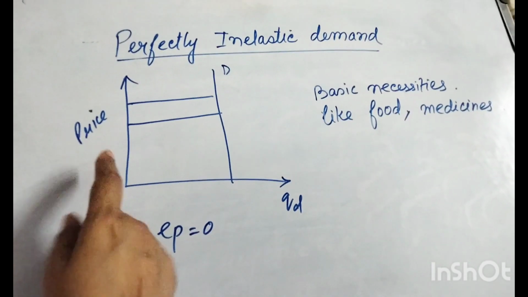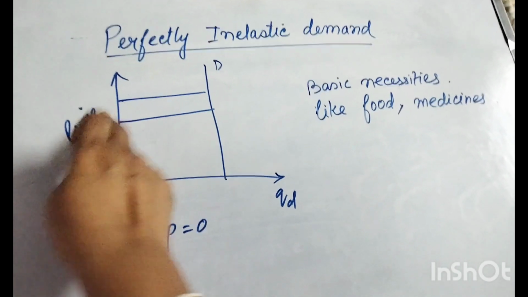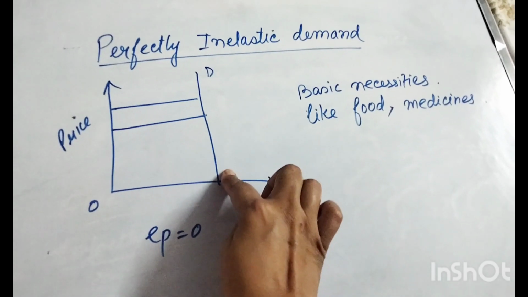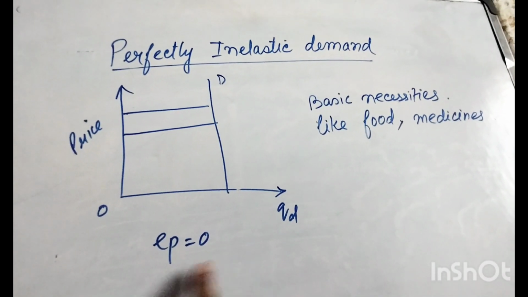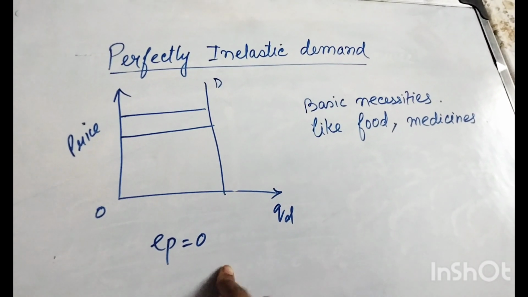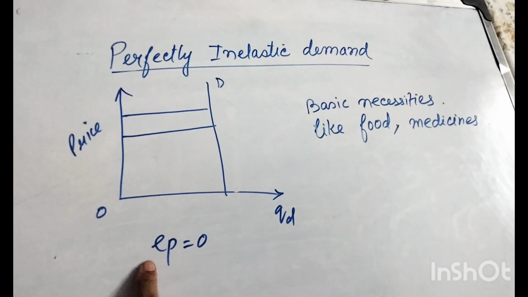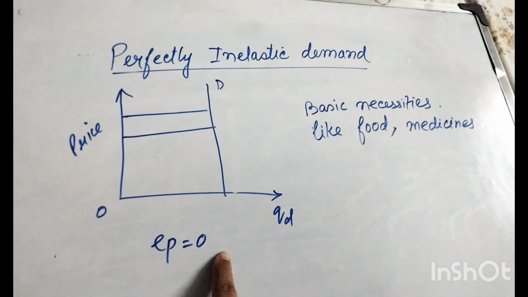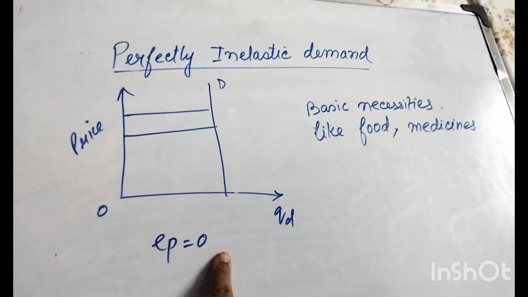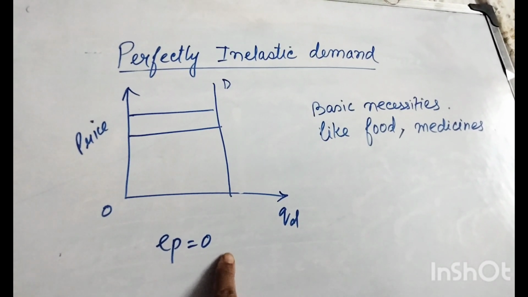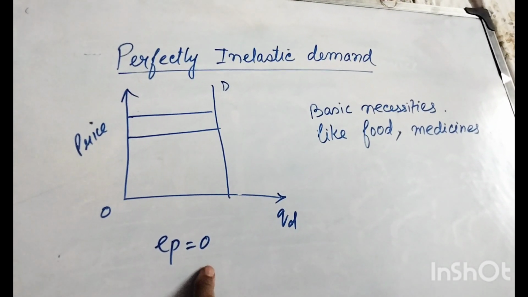Whatever the change in the price, your demand is fixed. Here the price elasticity of demand, EP, will be 0. There is no change in the quantity demanded.